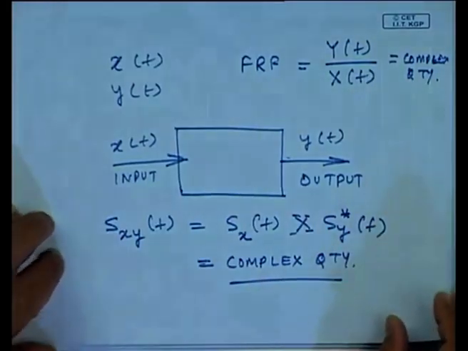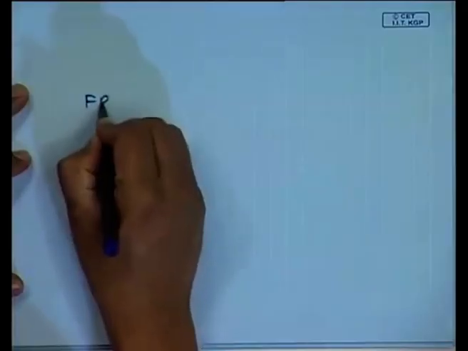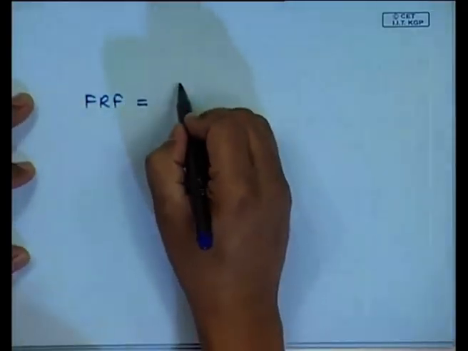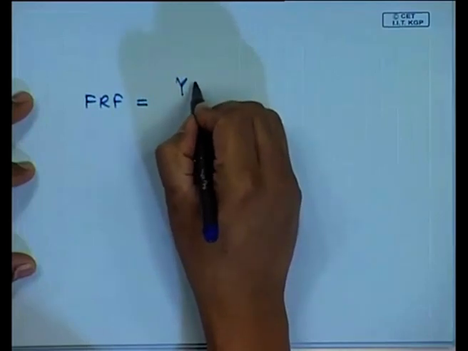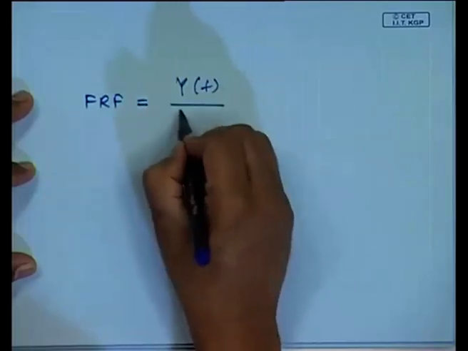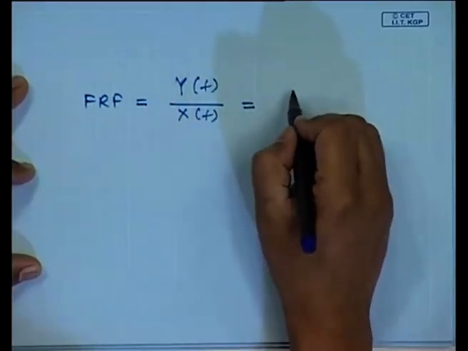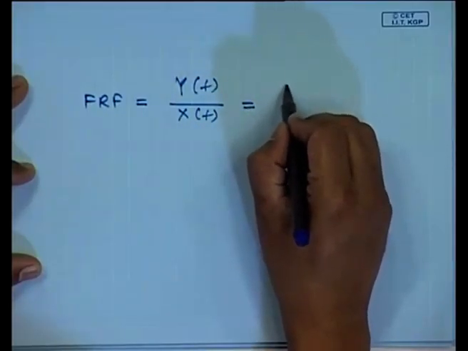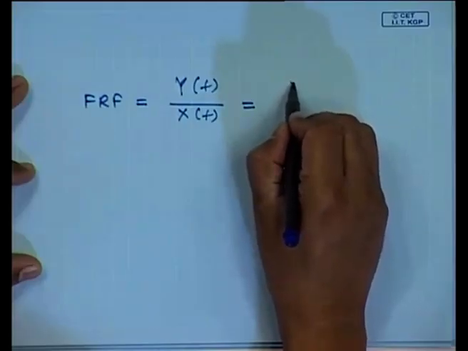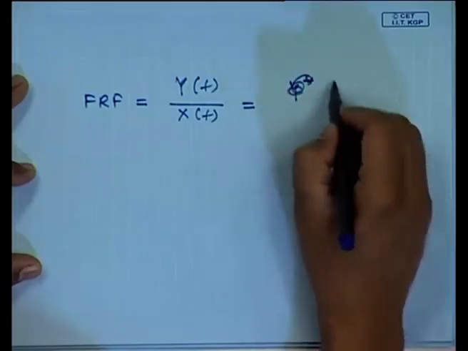So, now let us see how we can calculate the frequency response function from the cross spectrum and auto power spectrum. So, FRF can be written as Y(f) by X(f).